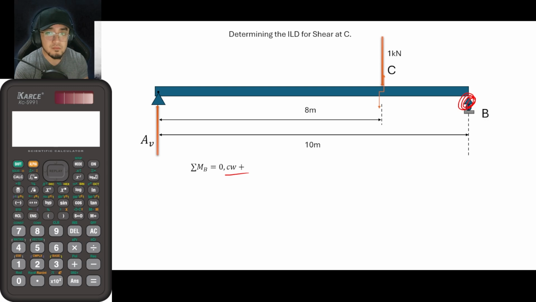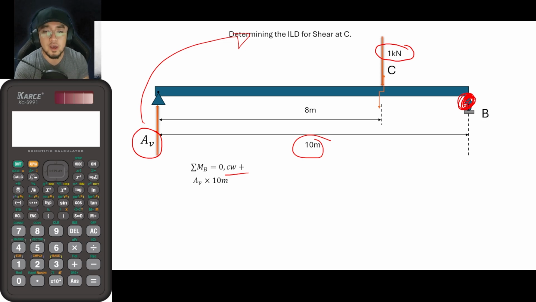So with that, we have here AV. This would cause rotation about this point, and as you can see, this would cause a clockwise rotation. So AV, that is positive, times the lever arm of 10. Okay. So what forces do we have here that would cause rotation about point B? We still have the force 1 kilonewton, or the unit load. So that is now minus 1 kilonewton.